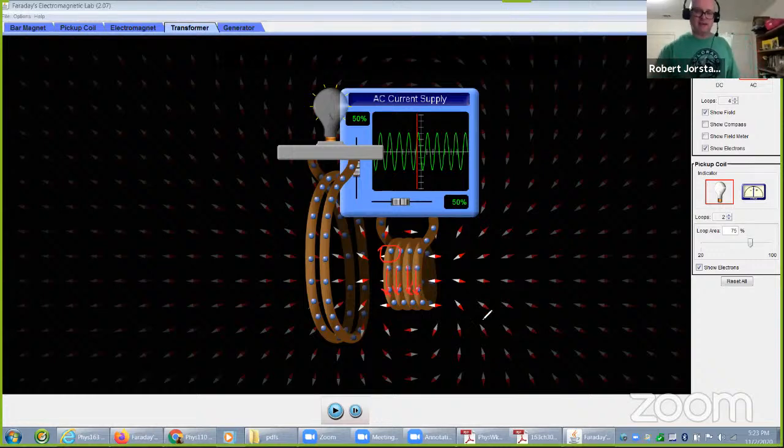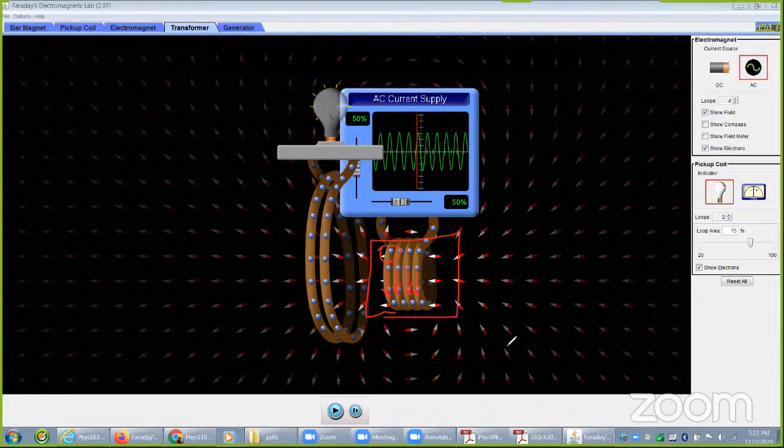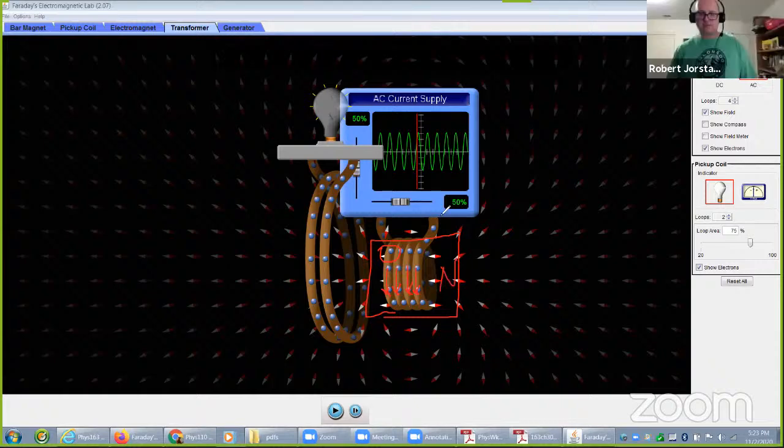So based on that, this coil right here is effectively a bar magnet, but which side of it is north? The right side, because the B field created by it is going out of north like that.